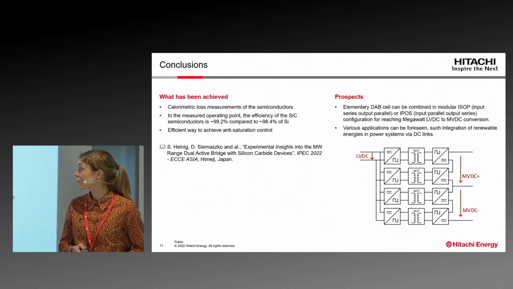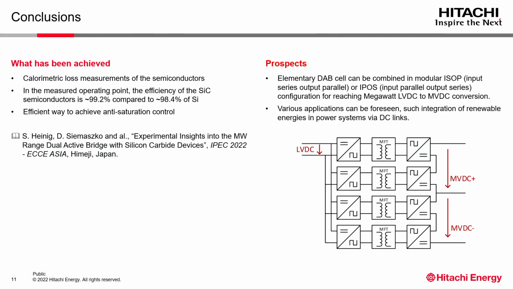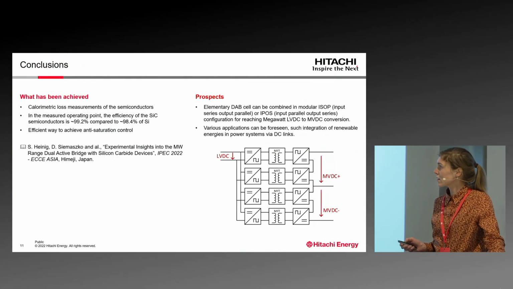Let me conclude on this slide what has been achieved. We did calorimetric loss measurements of the semiconductors in the SST setup here. We measured a pretty high efficiency of 99.2% for silicon carbide semiconductors and 98.4% for the silicon.